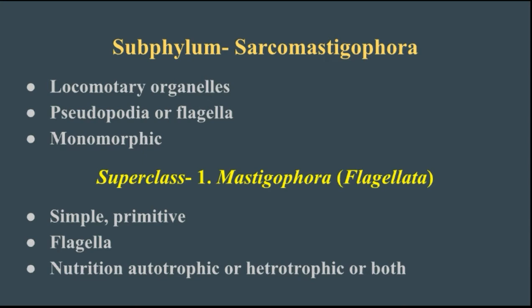Some Mastigophora are also heterotrophic, which means they depend on other animals. So these Mastigophora protozoans are both autotrophic as well as heterotrophic in nutrition. This is a general characteristic of the superclass Mastigophora.